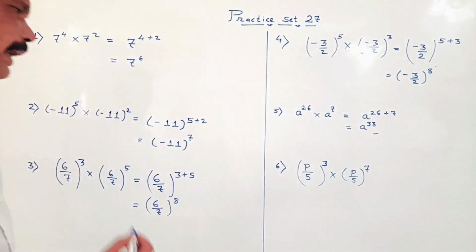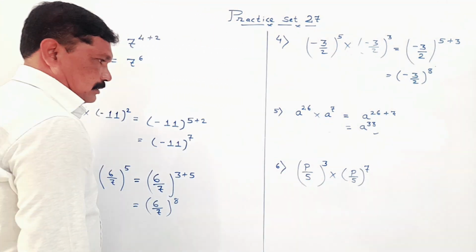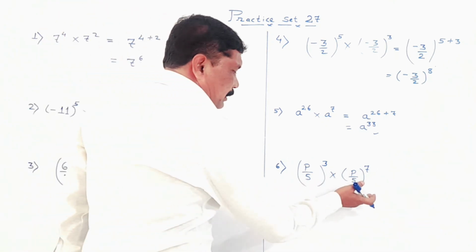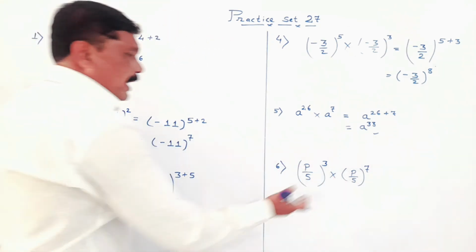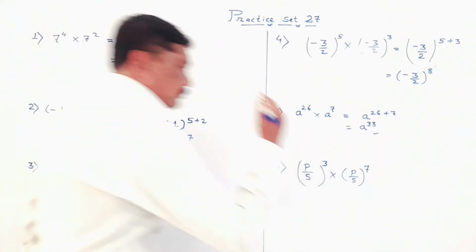My dear student, again we have two indices. Both the indices have the same base and there is multiplication between them.